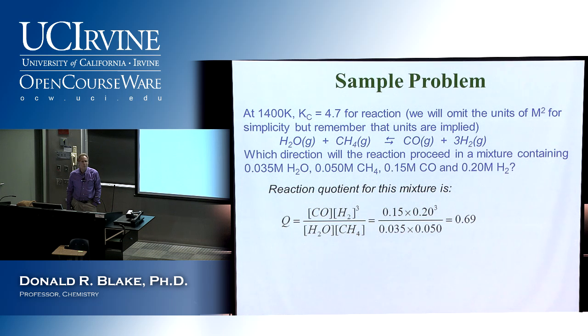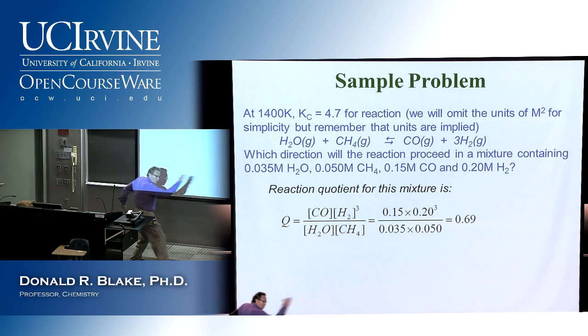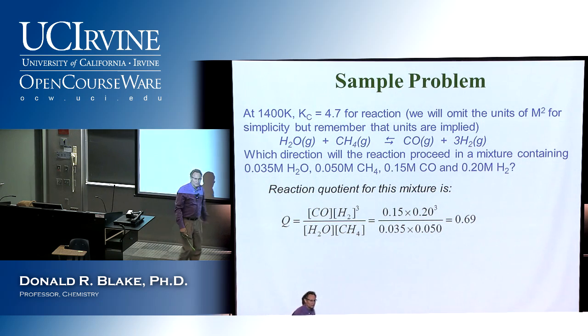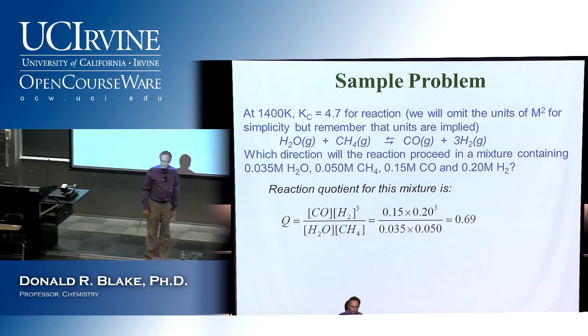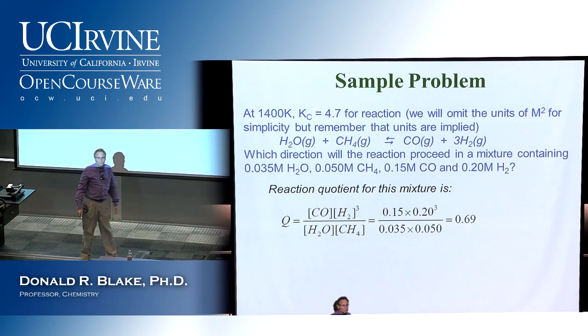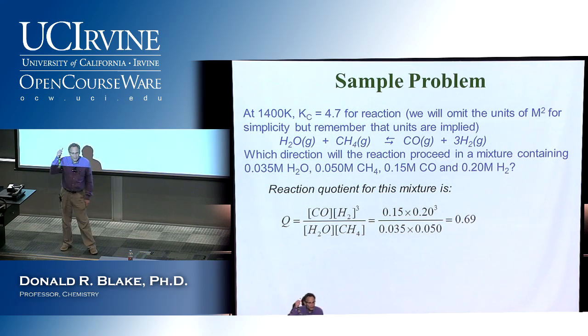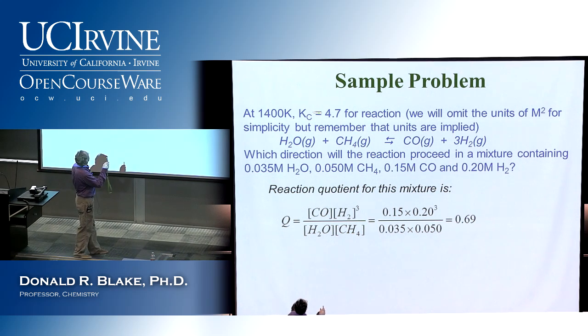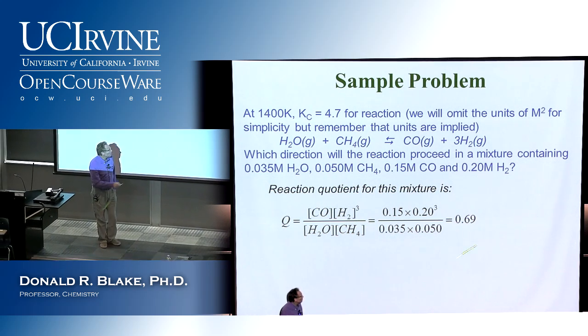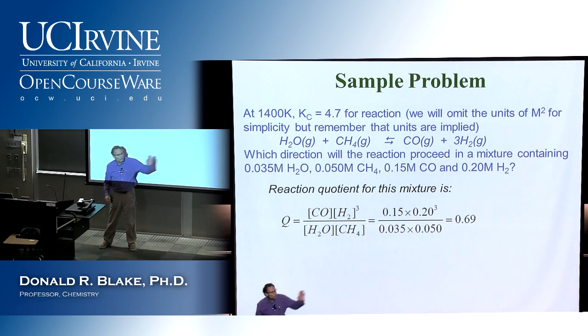How many got a Q of about 0.7? What does that mean? Is it going left? Oh, it's going this direction or this direction? To your right or left? That way. Because look at how big the K is. 4 something, right? 4.7. So we got a long way to go to get there. So things are going to go further this direction.